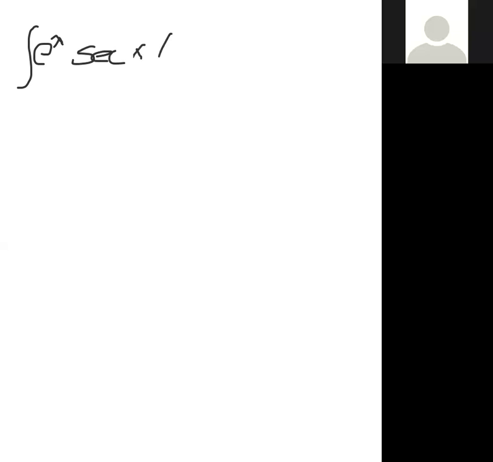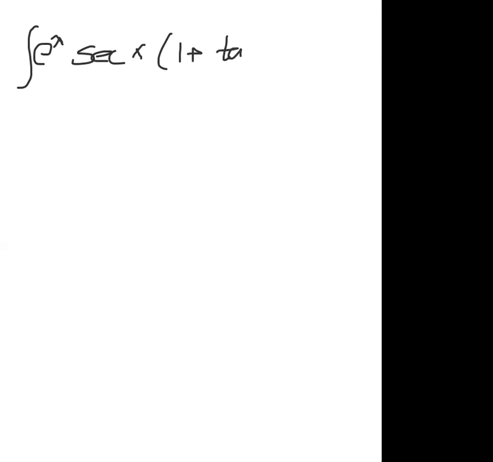Another question I'm taking now, this will be better. By looking at e to the power x and something given in plus minus form, we will be able to implement this. Integral e to the power x, sec x into 1 plus tan x, dx.